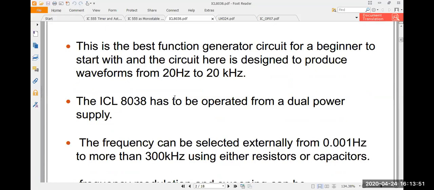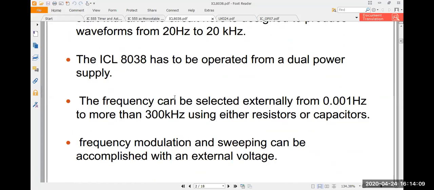What is the requirement, or what are the prerequisites? 8038 has to be operated from a dual power supply, which was also the case with operational amplifiers. We needed dual power supplies. In fact, we needed two dual power supplies. Practically, the frequency can be selected externally.